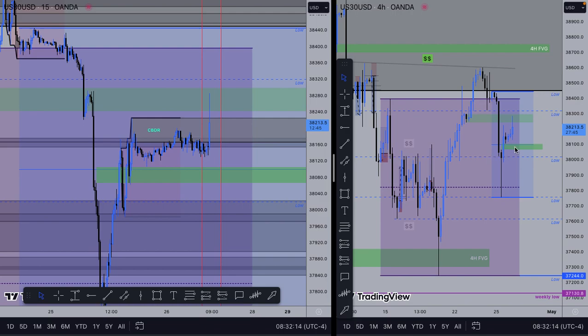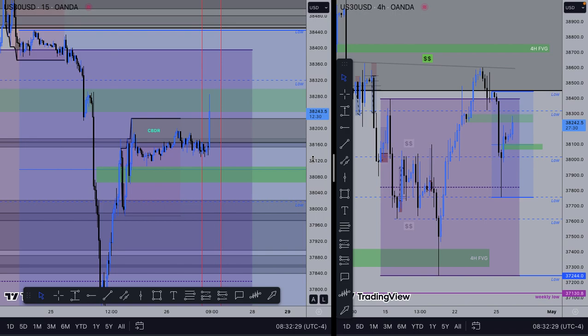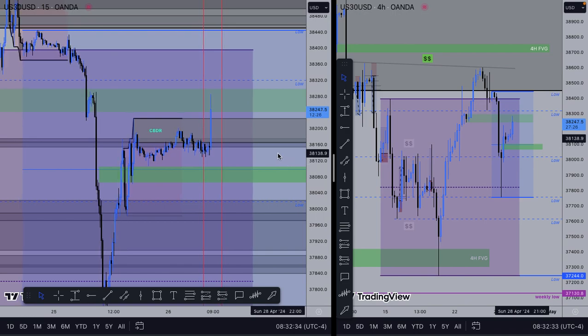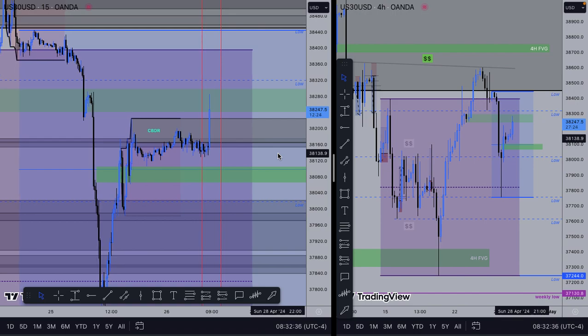But then that also plays into which Friday are we in? Are we in the first week, second week, third week, or fourth week of the month? That plays a part as well. And right now we're in the final stages of the month. I want to say this is the last Friday of the month, and then we got about 3 more trading days after that.